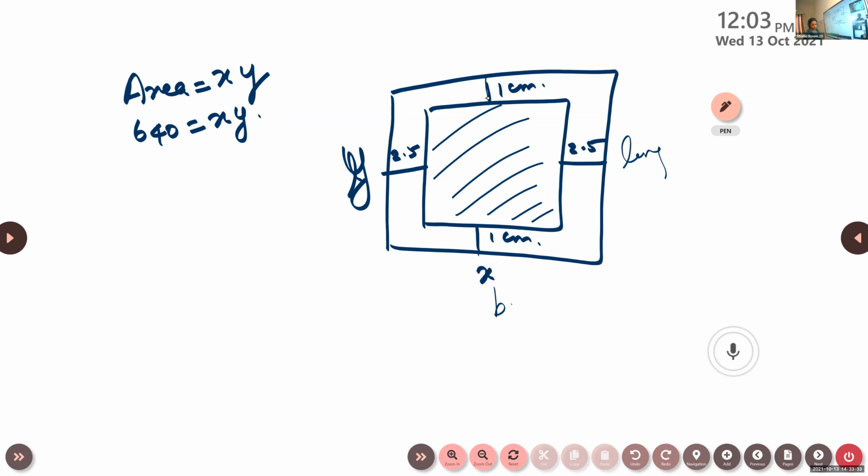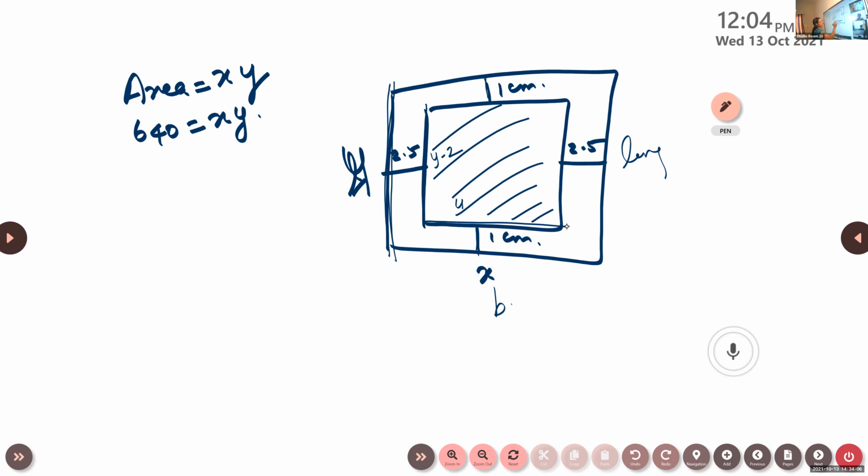So what is the printed area's length? The full length is Y, isn't it? They are taking this as Y. Here 1 centimeter, here 1 centimeter. So the length will be Y minus 2, isn't it? If you take the printed area, it will be Y minus 2.